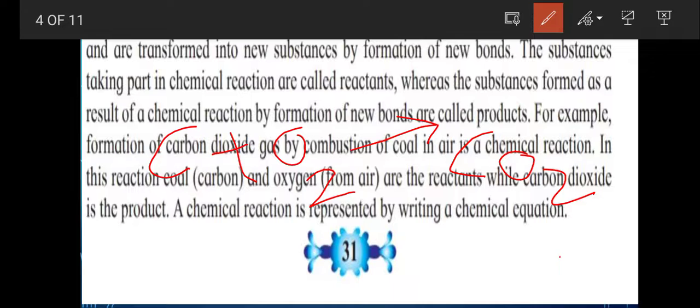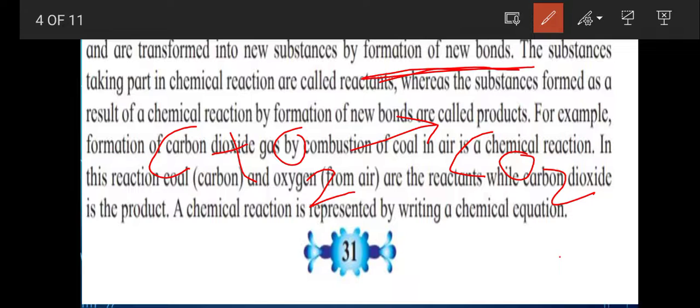Whenever two or more elements or compounds react with each other, that time there is a formation of a new compound or molecule, that is called a chemical reaction. And in this one, there is a formation of a new bond. For example, C and O2 give CO2, that is carbon dioxide. So there is the formation of a new bond between the carbon and the oxygen.